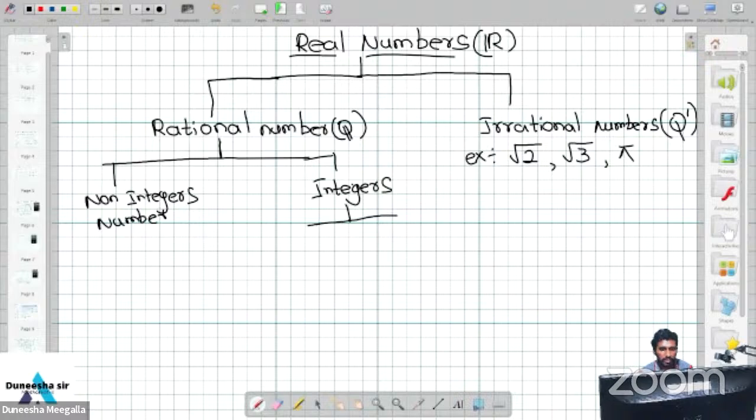Integers can divide into positive and negative. positive and negative වලට වෙන් කරන්න පුළුවන්. එතකොට අපි ඒවට කිව්වා මොකක්ද? Positive numbers and negative numbers.